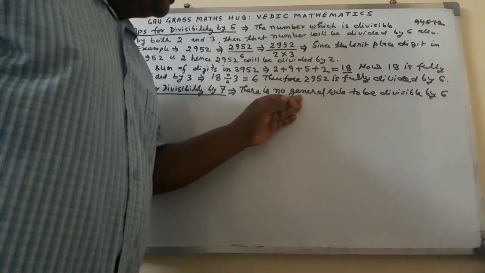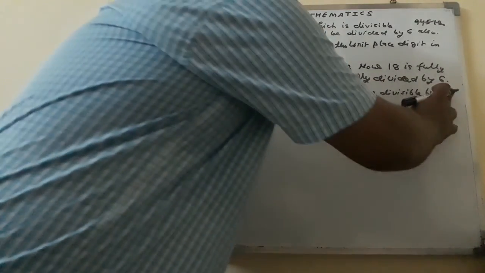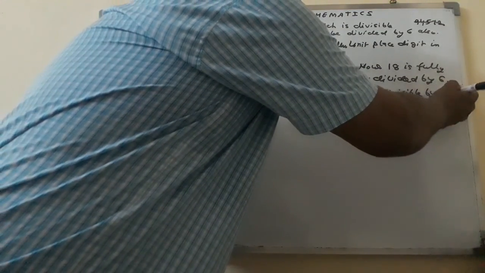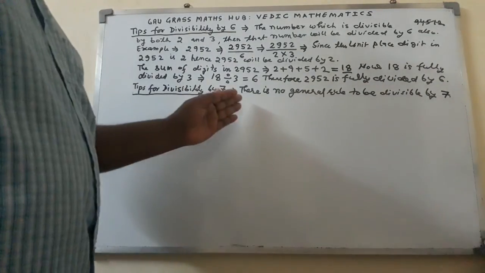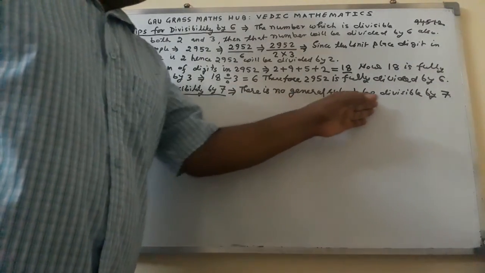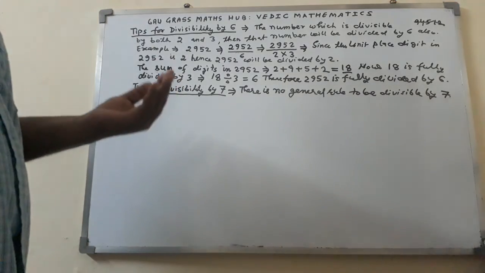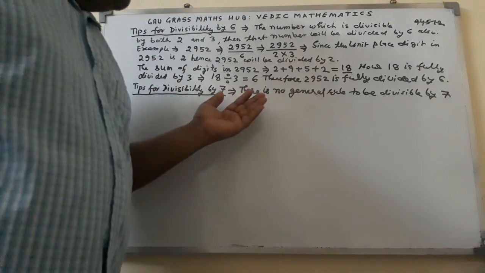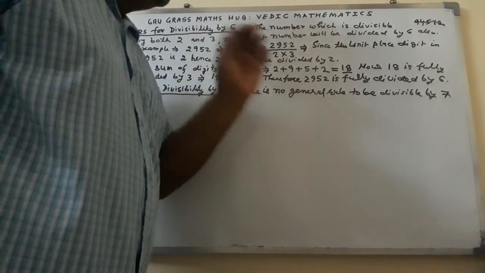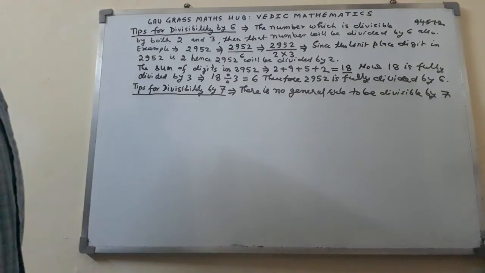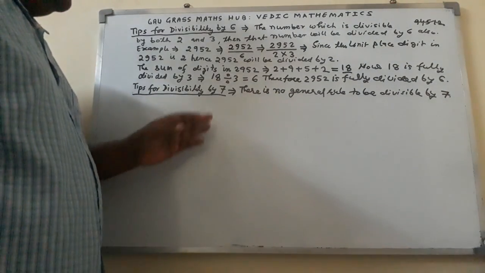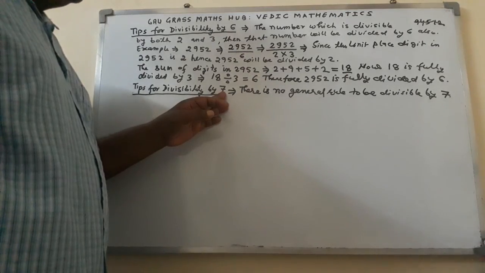There is no general rule to be divisible by 7. There is no general rule for divisibility by 7, just simple division will be followed in case of divisibility by 7.